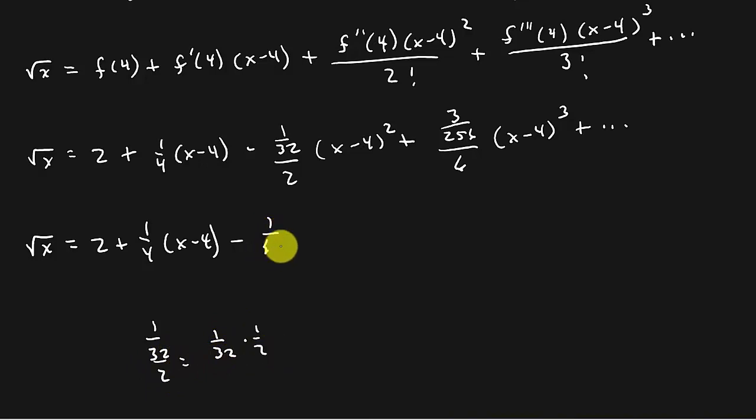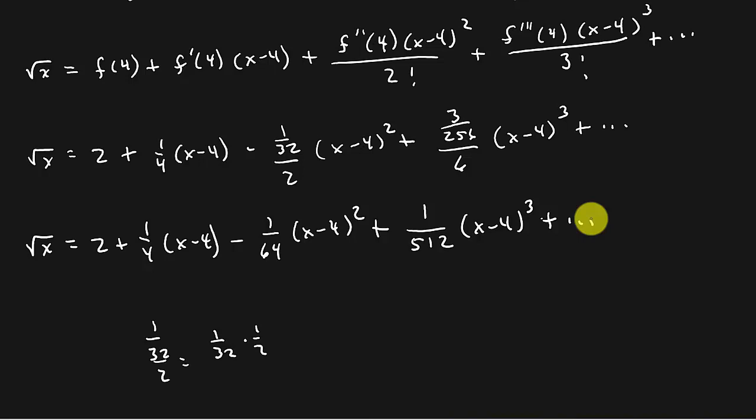So that's 1 over 64 times x minus 4 squared, plus 3 over 256 divided by 6, which is 1 over 512 times x minus 4 cubed, plus dot, dot, dot. I believe that's right. Yep, that's it.